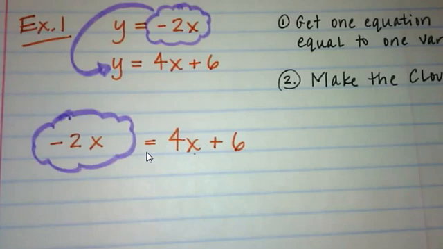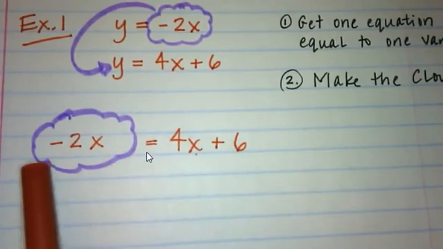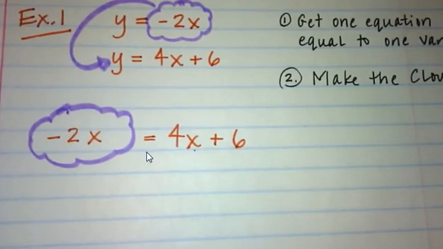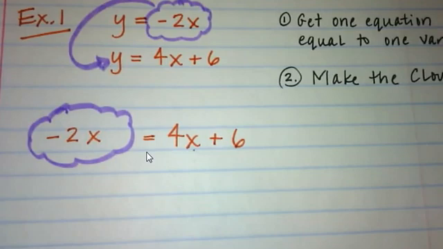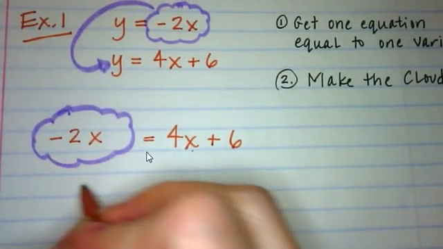So what we're saying here is that because y is equal to negative 2x, we can replace this y with negative 2x, which is what I did. So instead of y equals 4x plus 6, it says negative 2x equals 4x plus 6. Now, it's hard to see the rainbows on this problem, but you can definitely see the cloud. So now I'm just going to solve.